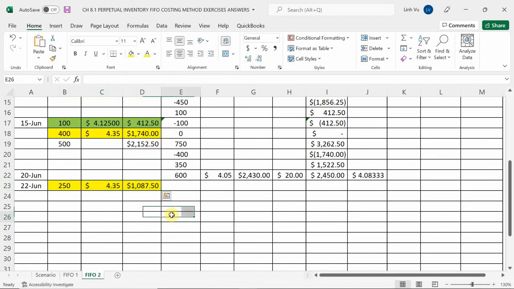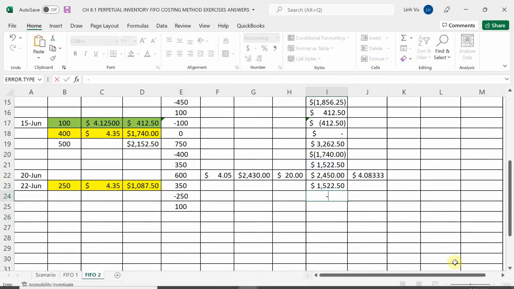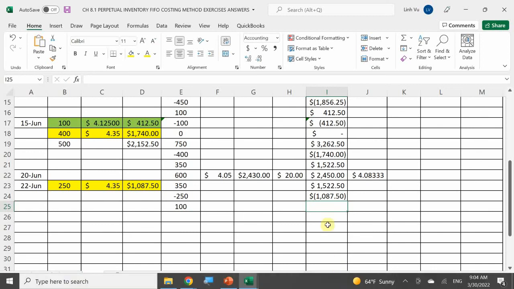Okay. So in this case, right, I need to take my 350. I just sold 250, so I should be left with 100. Okay. If I started with 1,522.50 and I just sold 1,087.50, how much should I have left?